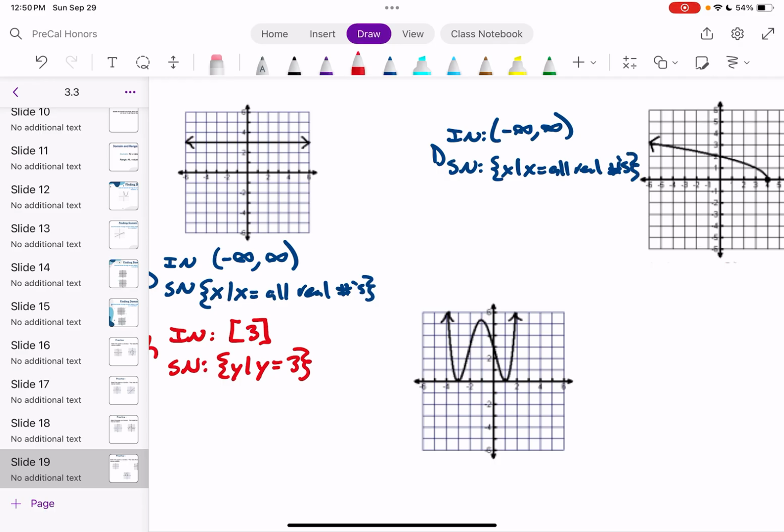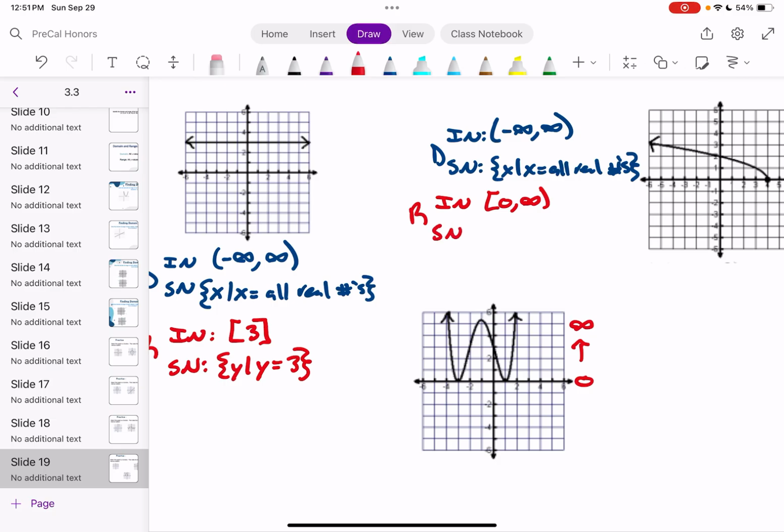In the case of our range in interval notation, keep in mind we are starting at 0 and going towards positive infinity. So we would have a bracket 0 to positive infinity with a closed parenthesis.